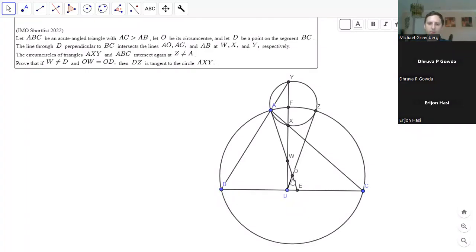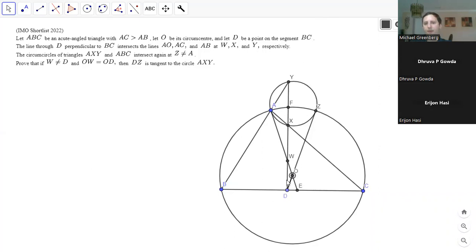So OD equals OE, and O's the circumcenter. By symmetry, everything has to be symmetric about the perpendicular bisector of BC, right? So if we reflect segment AE over the perpendicular bisector, it's segment DZ. To show that DZ is tangent, we just have to show that EA is tangent, and that's just an angle chase.